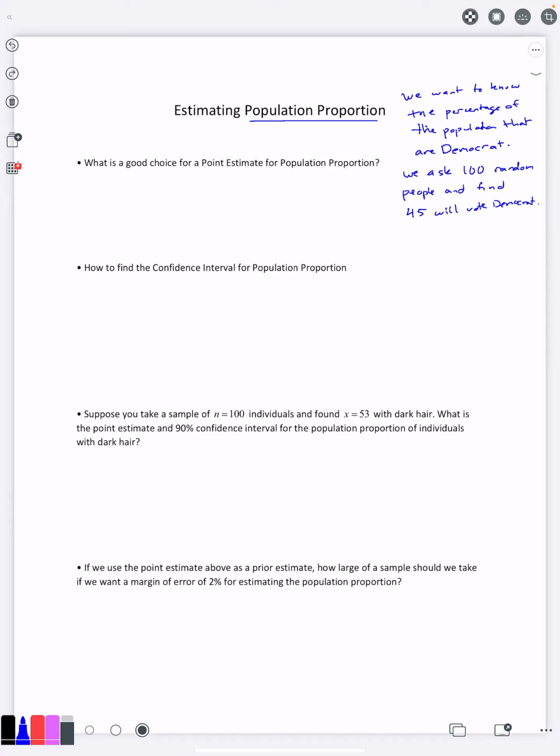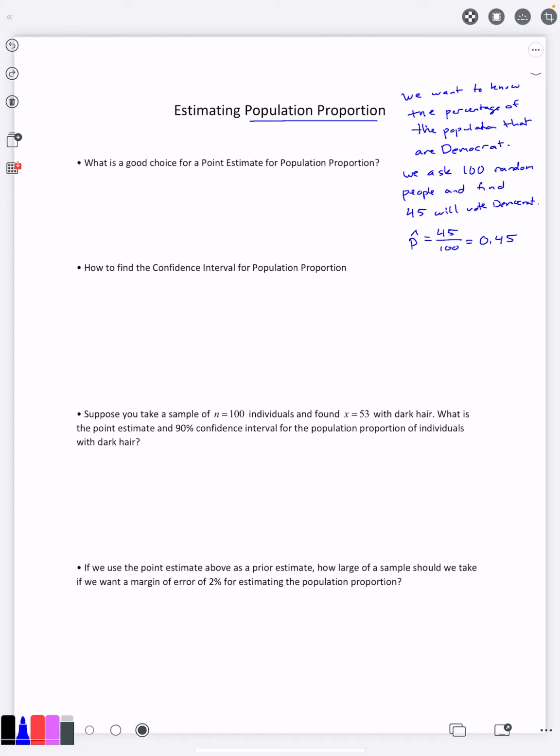Okay, so that means that for my sample, my p-hat value is 45 out of 100, or 45%. So in the sample I have, 45% are Democrat. And that's all the information I have right now. All I know is I took one sample, 100 people, and I got 45 said yes.